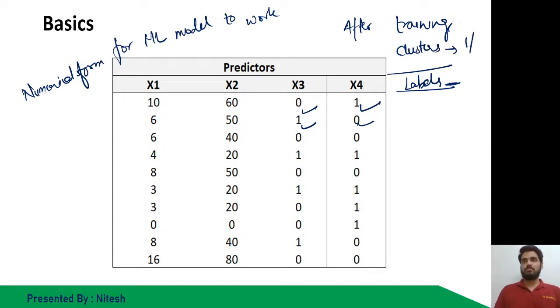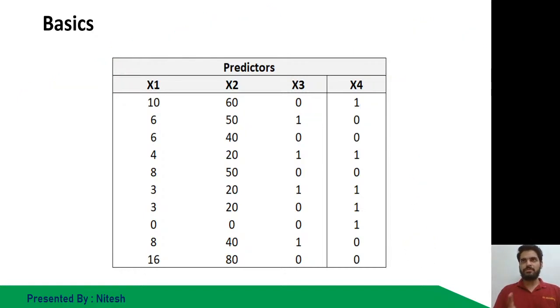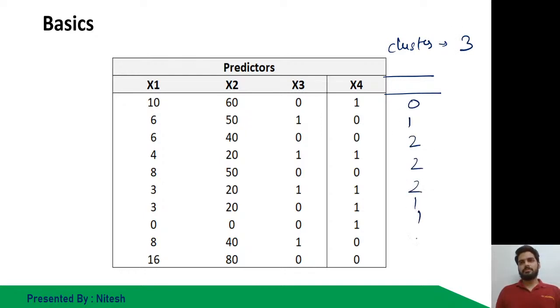If it is two clusters, it will take the form 0, 1, 1, 1, 0, something like that. Or you may have defined three clusters over here, so the values it can take are 0, 1, 2. In this way, it is able to segregate the 10 records that I have here into 3 clusters.